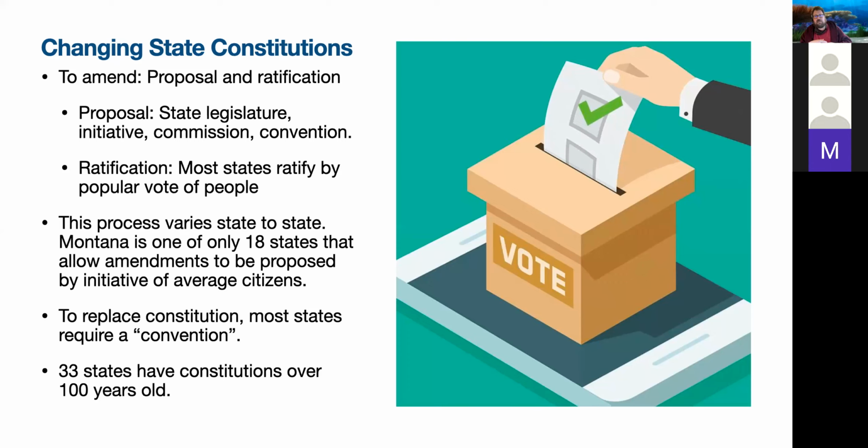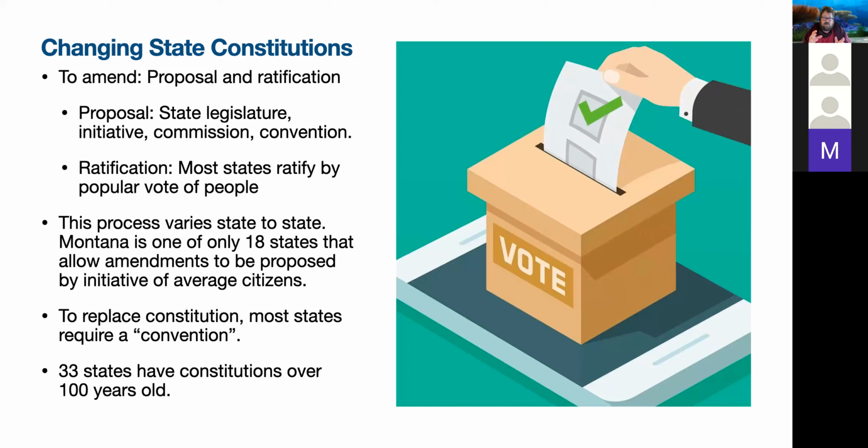Now, some states, like here in Montana, you or I or Crazy Freddy down the block can write a proposed constitutional amendment, and then there is a procedure to get that on the ballot. It involves going out and getting people to sign and say, yes, I think that this should go on the ballot.